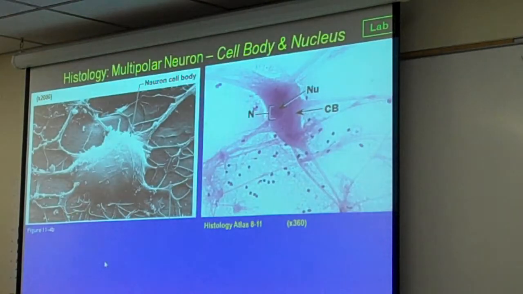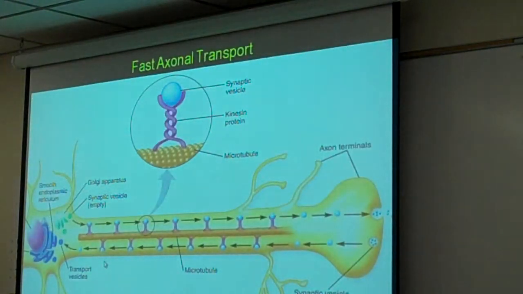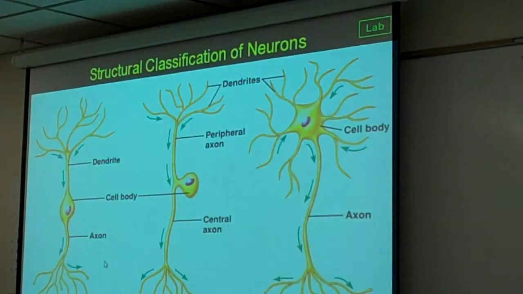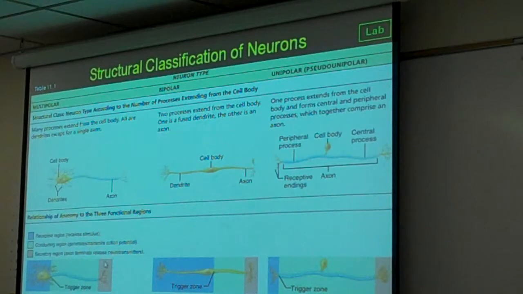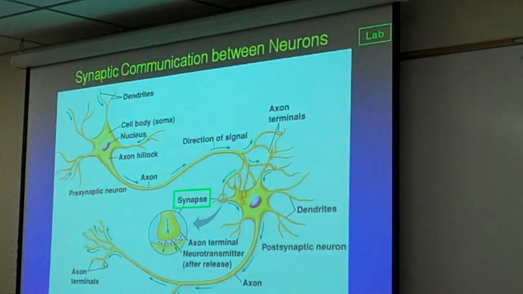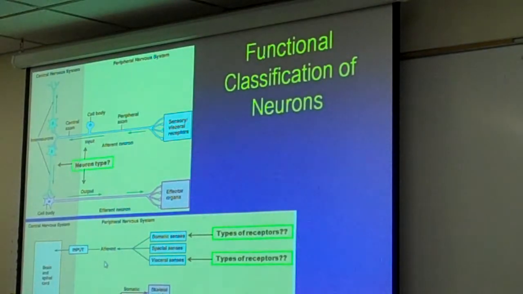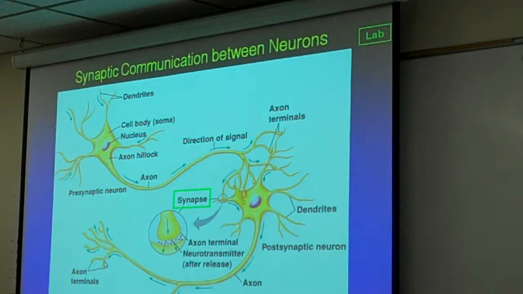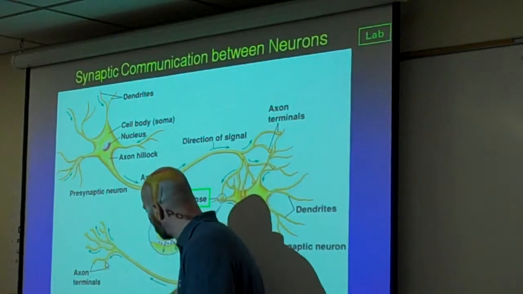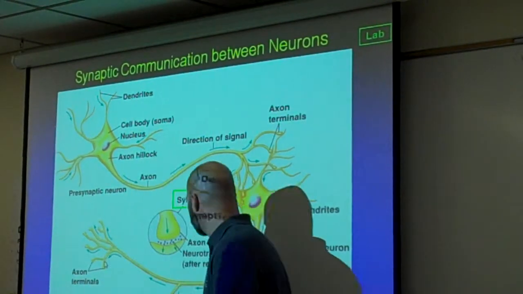Collaterals. You can have branches that come up. And these aren't the branches at the very end. And I was hoping I had an example somewhere. There we go. The branches at the end are called telodendria. And that's what these are, and these.